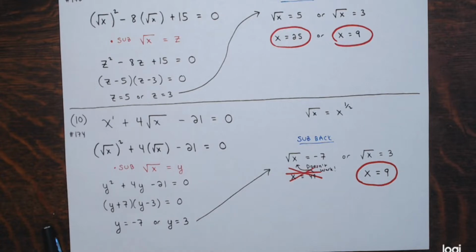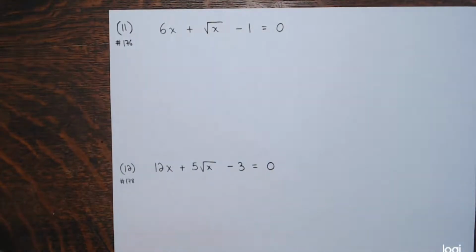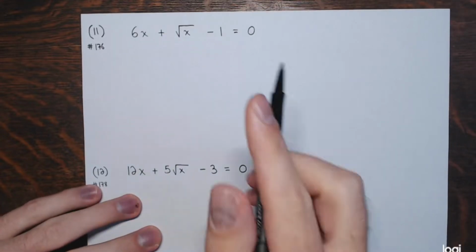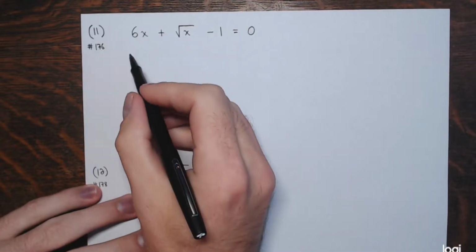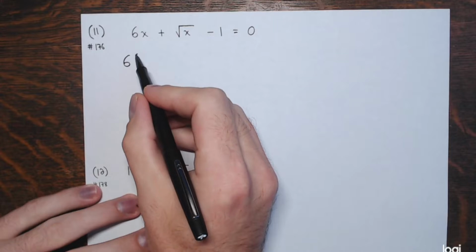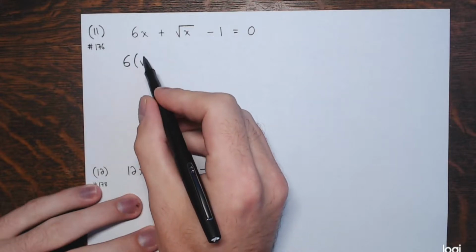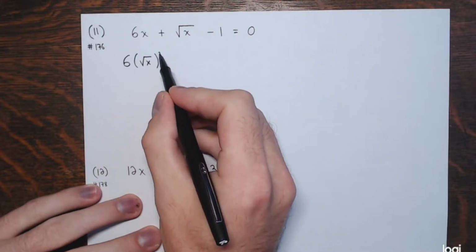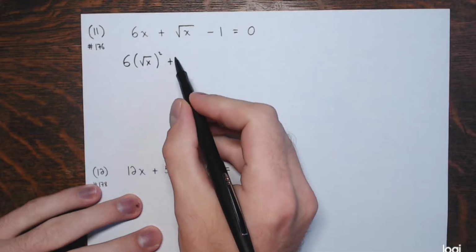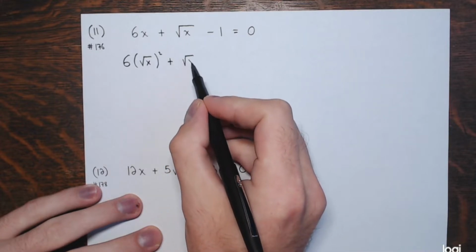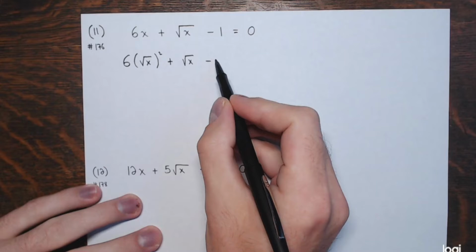Great. All right, next couple questions are very similar with the square roots here. Similar substitutions. For number 11, you have 6 times x, which I'm going to rewrite as 6 times the square root of x squared, plus the square root of x to the first, minus 1 equals 0.